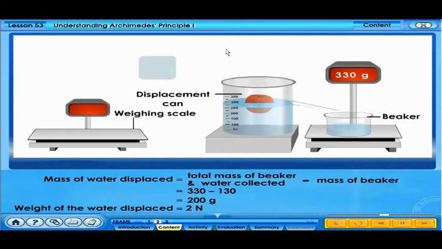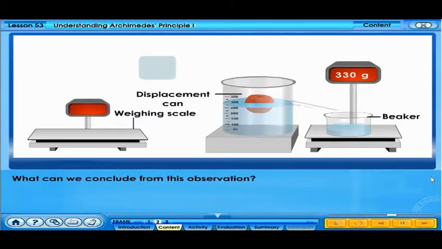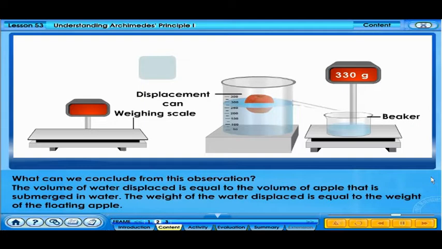The mass of the water displaced is 200 grams, and thus the weight of the water displaced is 2 newtons. What can we conclude from this observation? The volume of water displaced is equal to the volume of apple that is submerged in water. The weight of the water displaced is equal to the weight of the floating apple.